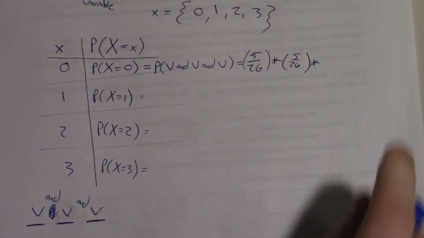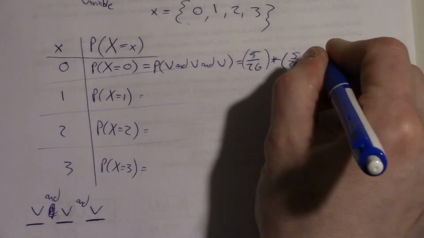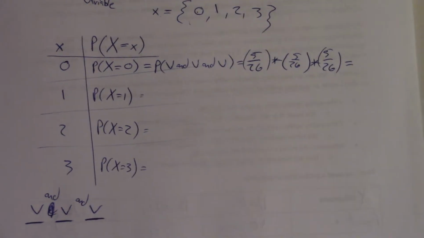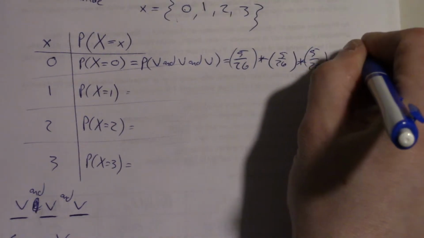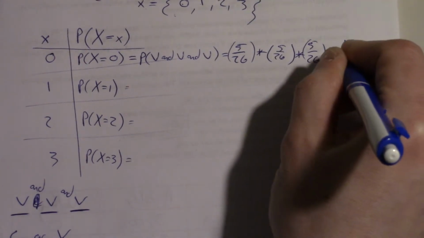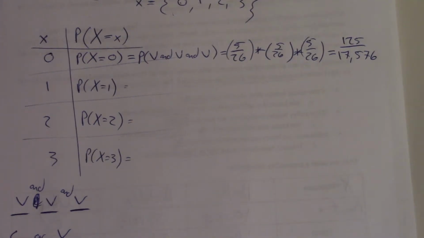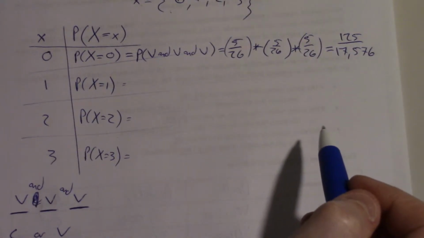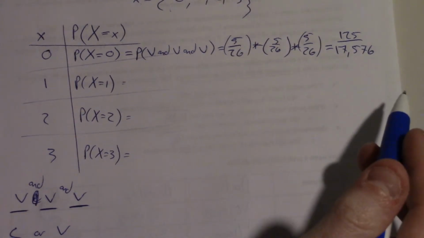And what's the probability that the third is a vowel? We put that slip back, we shake the hat up. There are still 5 vowels out of the 26 letters. So, multiply that out, and what you end up with is 125 over 17,576. So this is the probability that you have 0 consonants, or in other words, 3 vowels. Not very high. 125 out of 17,576.